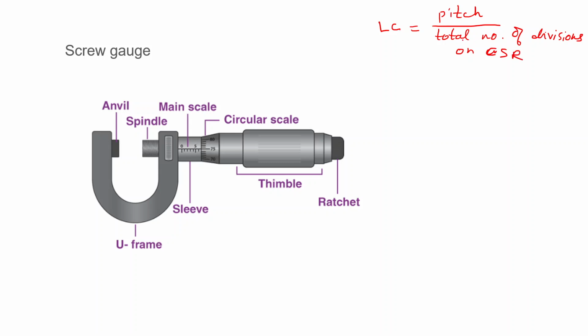On this circular scale, the total number of divisions is the denominator, and in the numerator we have the pitch of the screw gauge.